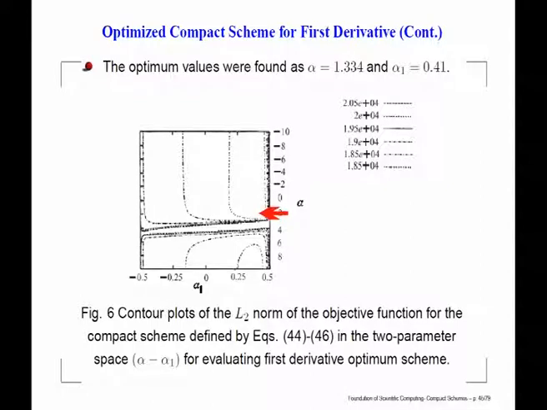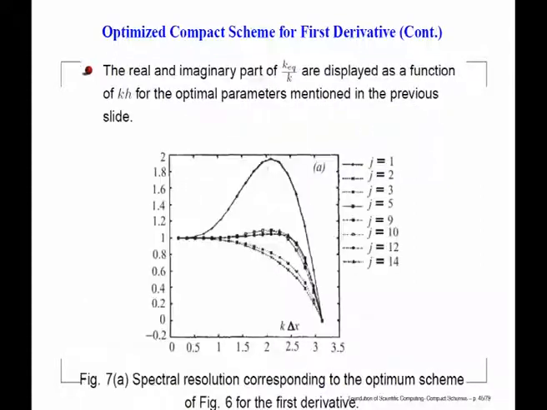Now, having obtained this value of alpha and alpha 1, we have for the whole domain with non-periodic boundary conditions, how does it function? Well, you can plot it. You can plot the real part of k equivalent, k real part, in the k h or k delta x plane, and you can see various points behave like this. So this is your j equal to 1 point, and these are the other points.